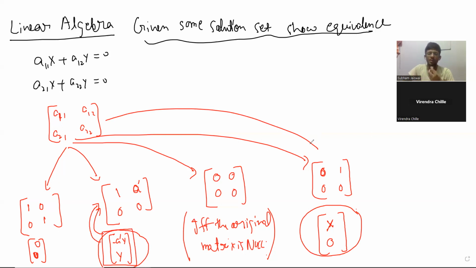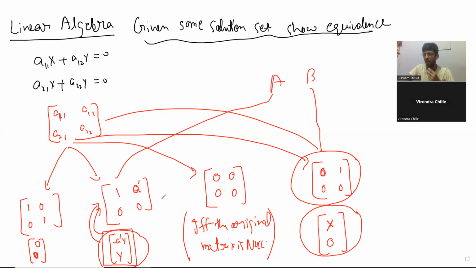Okay? So if two solutions are not the same, then if the systems are not equivalent, the solutions will be different, right? Say if there is a matrix A and a matrix B, and B is equivalent to this and A is equivalent to this, then they are not equivalent because these two are not equivalent.